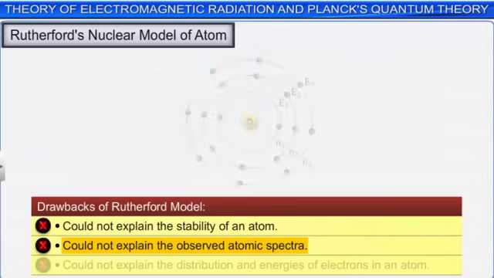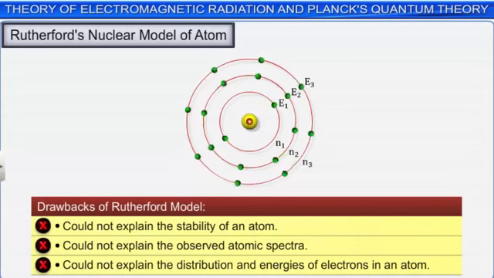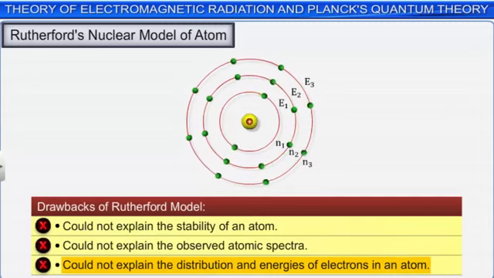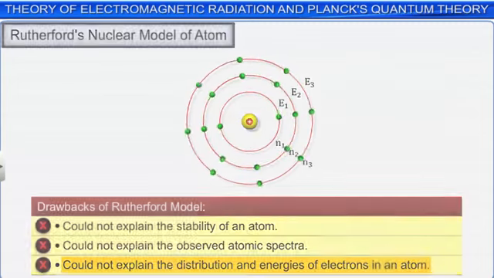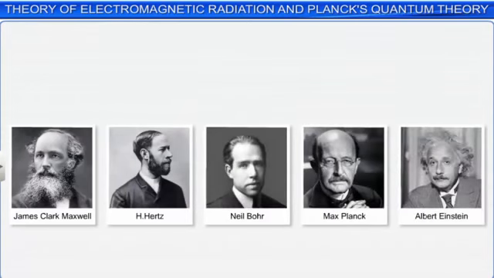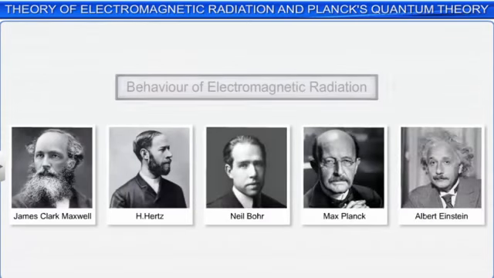Another drawback is that it could not explain the electronic structure of atoms. That is, the distribution and energies of electrons in an atom. These drawbacks inspired several scientists to revisit the historical results about the behavior of electromagnetic radiation and its interaction with matter in order to improve the Rutherford's atomic model.